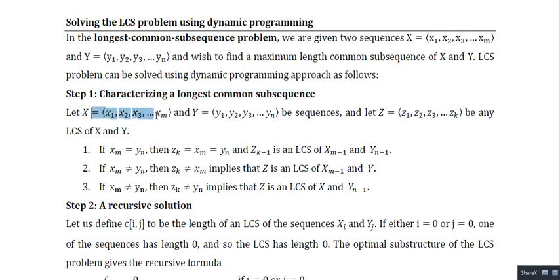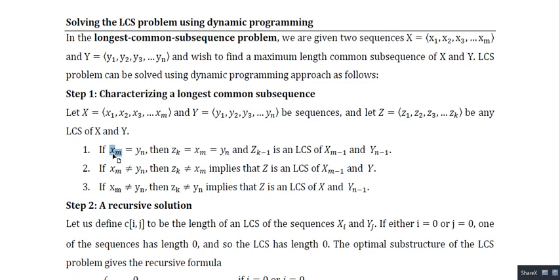X equal to this, Y equal to this, then Z equal to, okay, so X is having m characters, Y is having n characters, and Z is having k characters. That k should be less than both m and n, right? Okay, so we can characterize the problem like this: if xm equal to yn, that means if the mth character in the sequence X is the same as the nth character in the sequence Y, then we can just fix that.